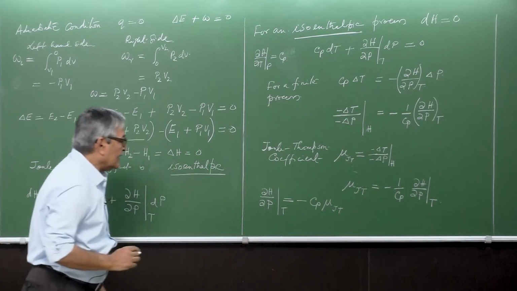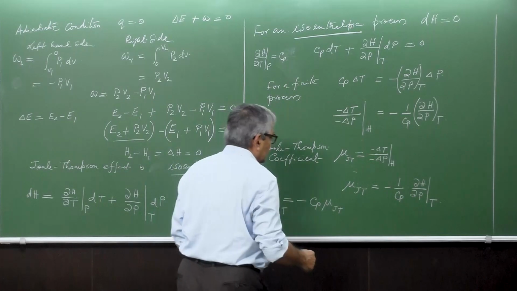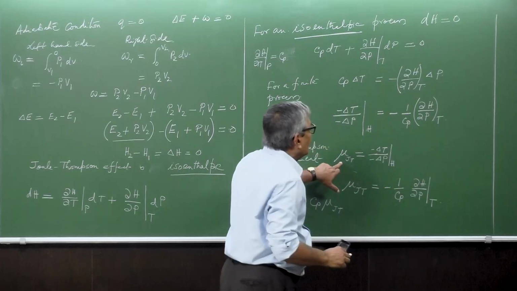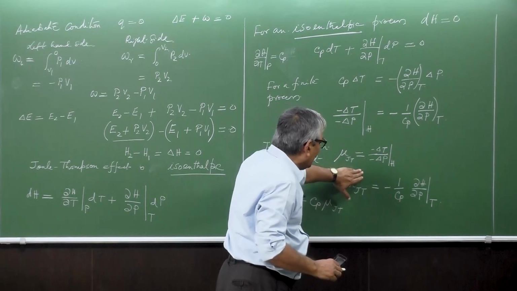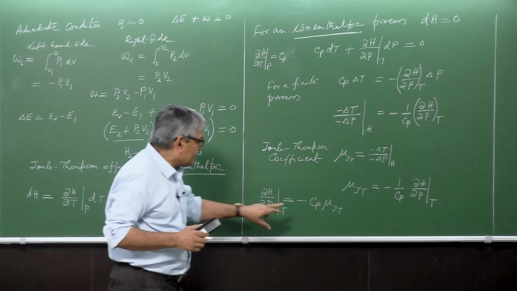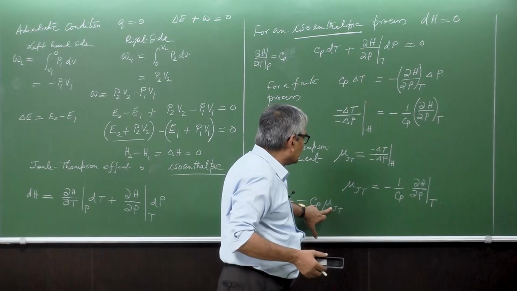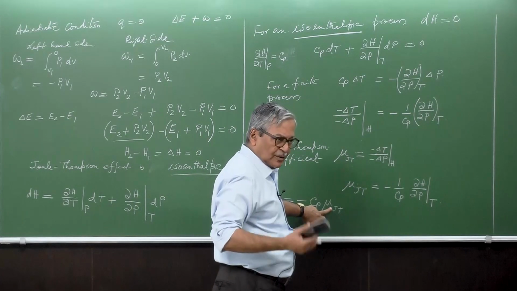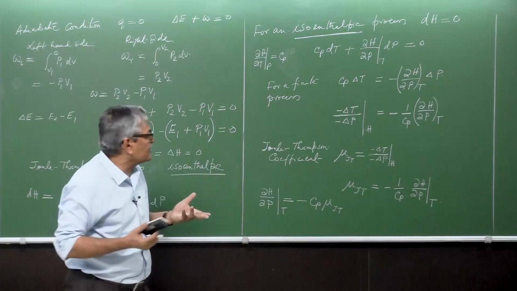So you can relate this coefficient also in this way. It is basically a relation between certain properties. Cp is a property of the gas. Joule-Thomson coefficient is a property of the gas. It depends on the nature of the gas.